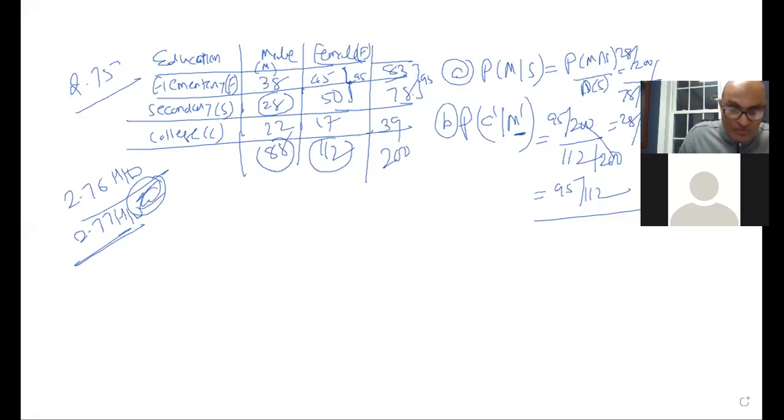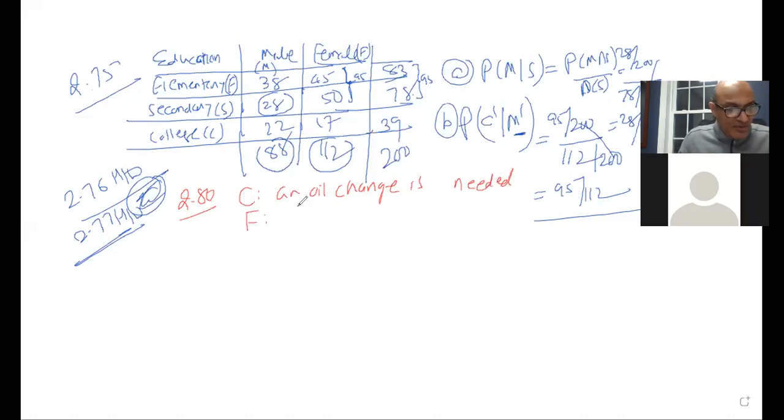So now example number 2.80. Consider the event that an oil change is needed.